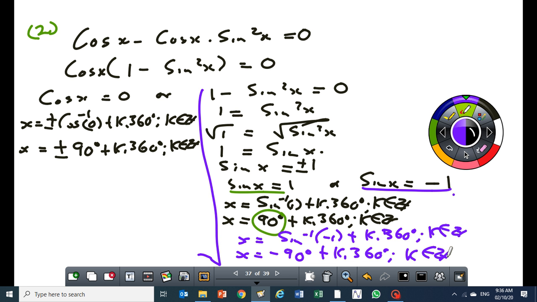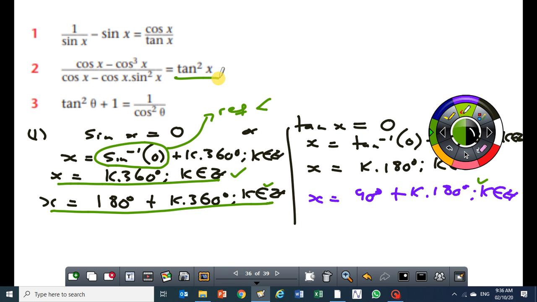Then we also have the tan, the tan on the right, this one here. That tan squared x will make the identity undefined if the values of x are like 90, 270, and so on, because tan is undefined when x is 90, 270, and so on.